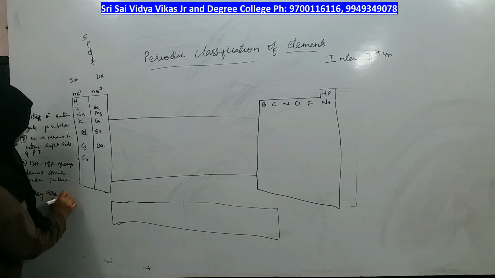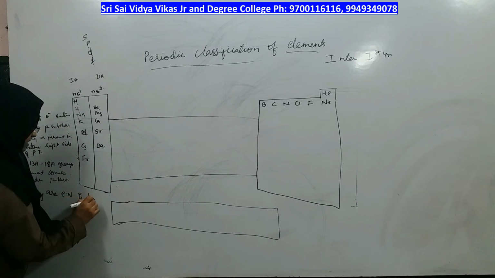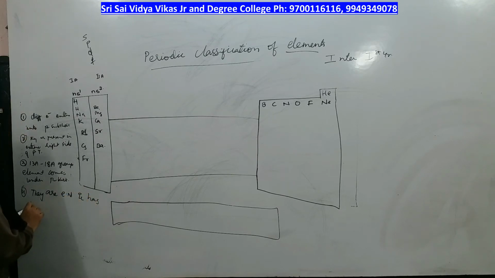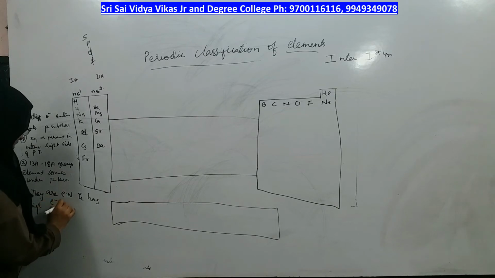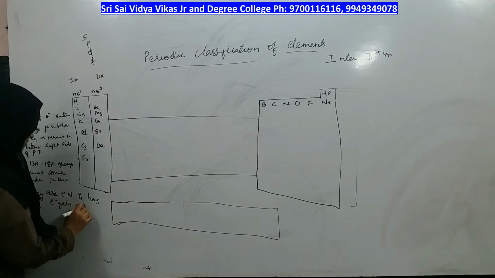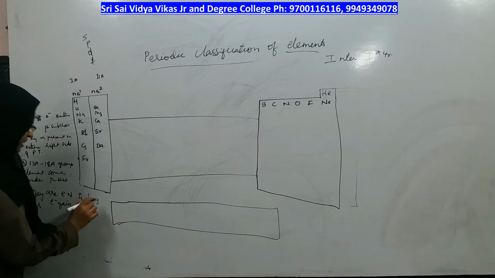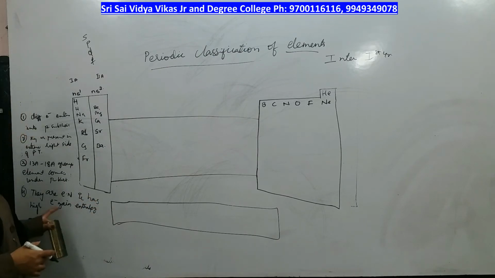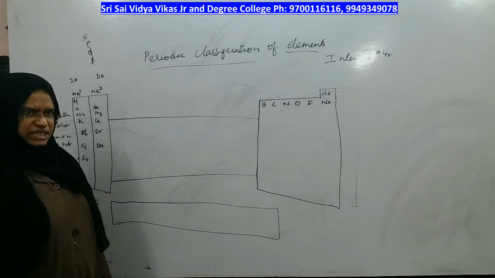They are electronegative and have high electron gain enthalpy. That means they can easily gain electrons. That's why their electron gain enthalpy is high, right. How about their metallic nature?